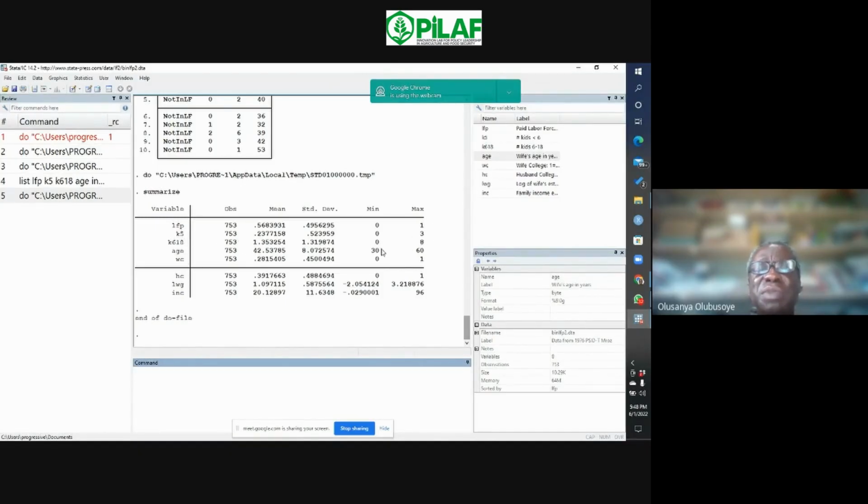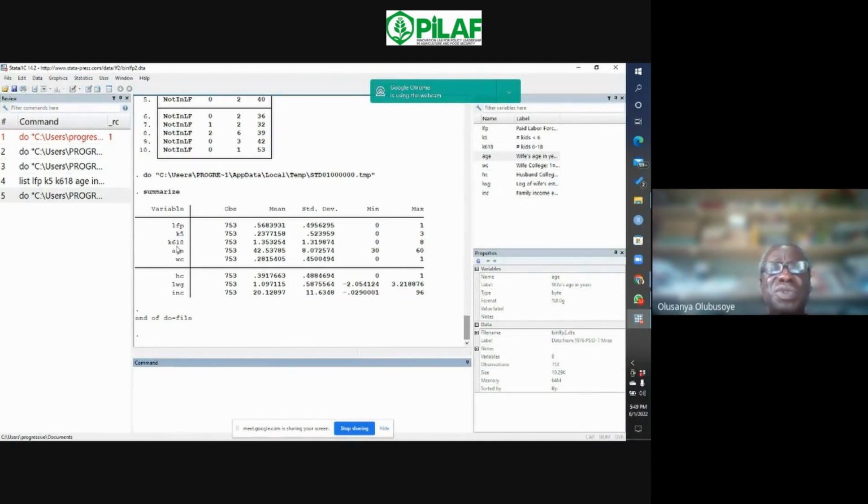The minimum age is 30. The maximum is 60. Of course, that is given in the background to the data. The survey covers those in that age bracket. For K5, the woman with the highest number of children below 5 years has 3.